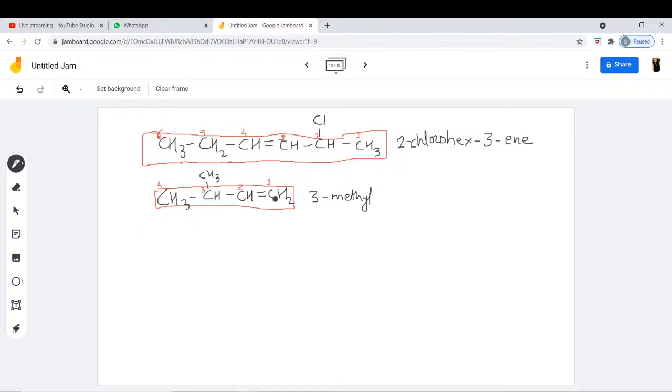The first four carbons mean butane, and with a double bond, butene, on the first position, so but 1 ene. So 3 methyl but 1 ene.